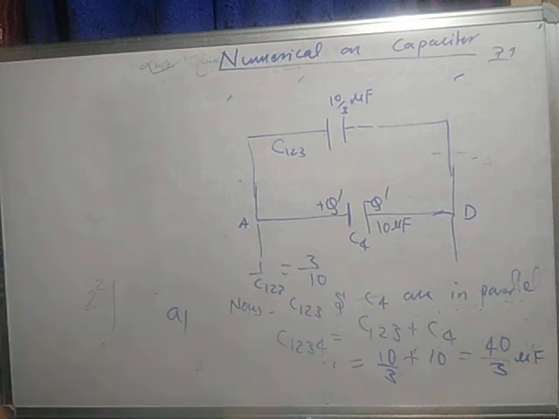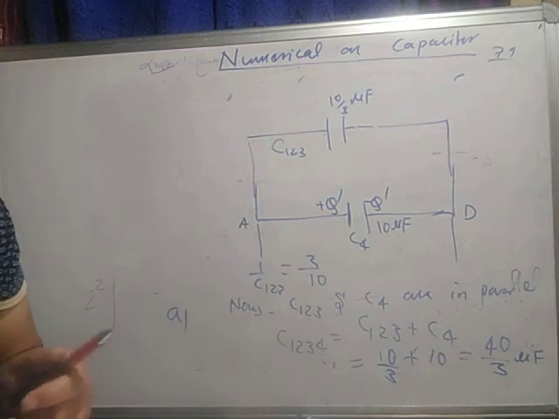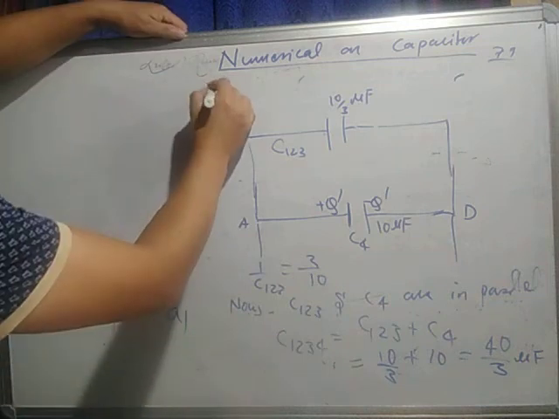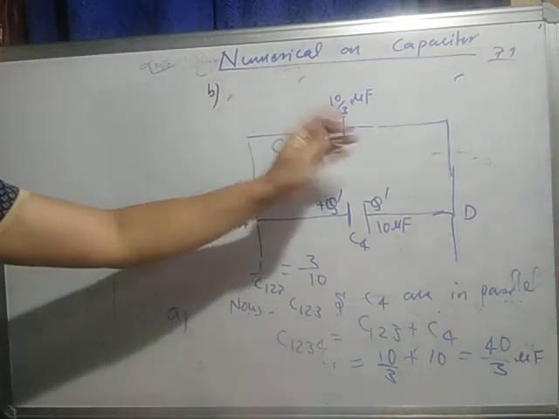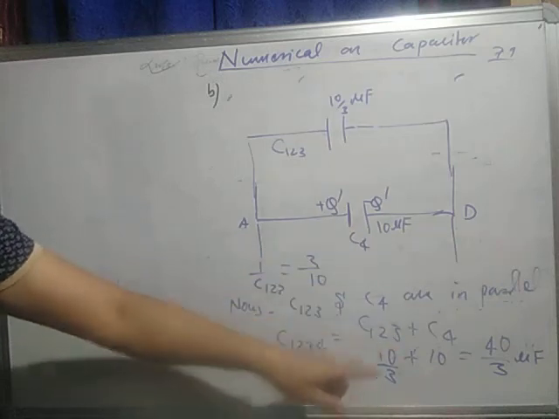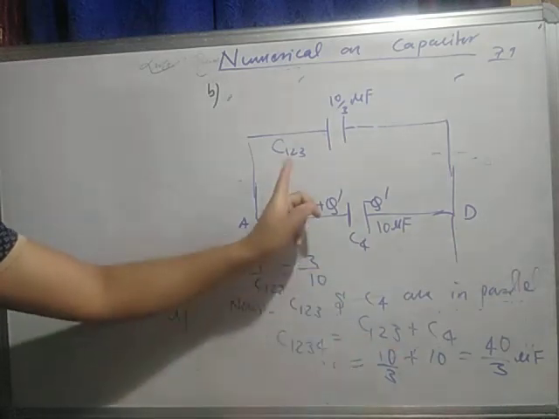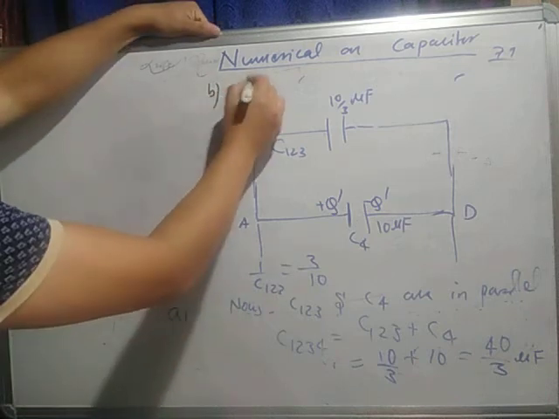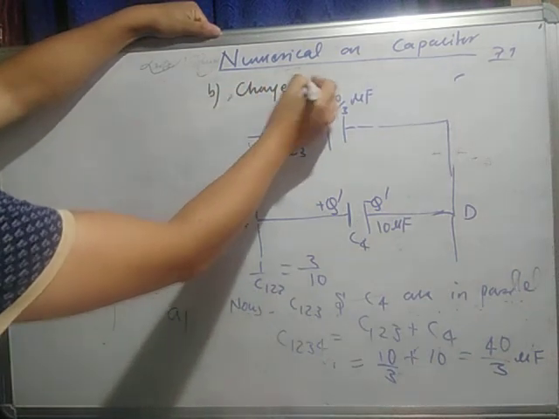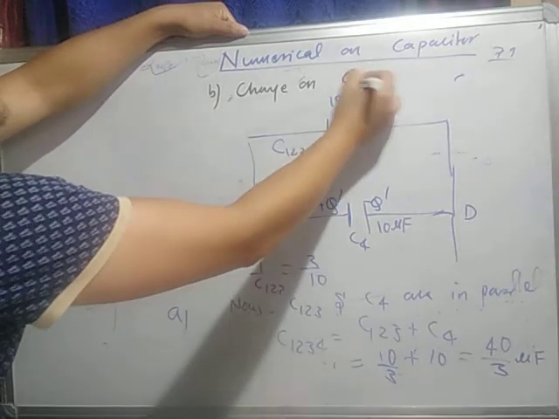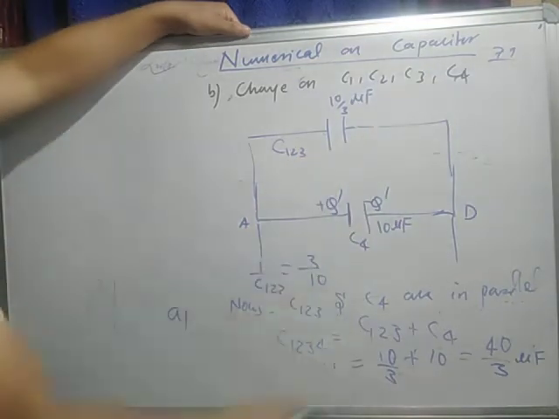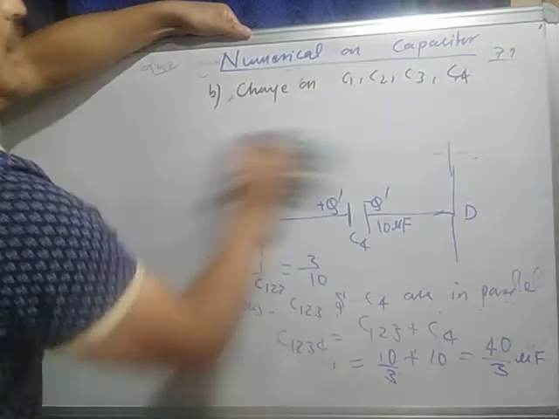Now comes the charge on each capacitor, isn't it? You have to find the charge on each capacitor. So write down B. Here, in C1, C2, C3 the charge is the same, isn't it? So write charge on C1, C2, C3, C4. You have to find this.